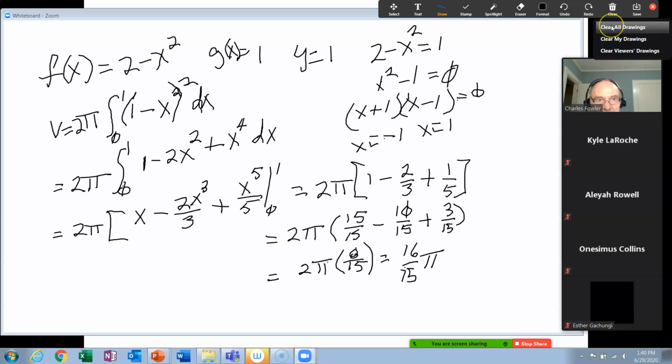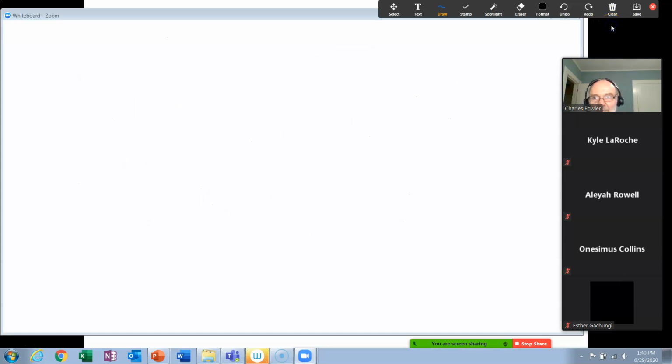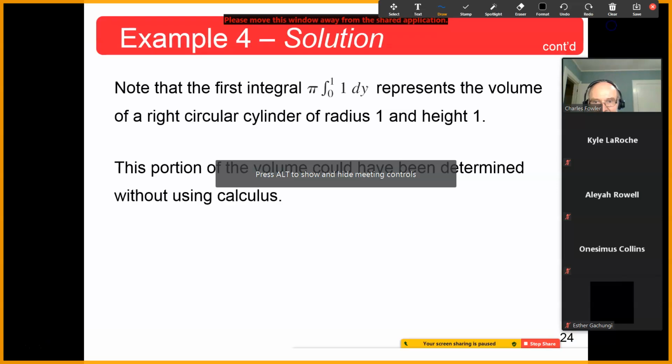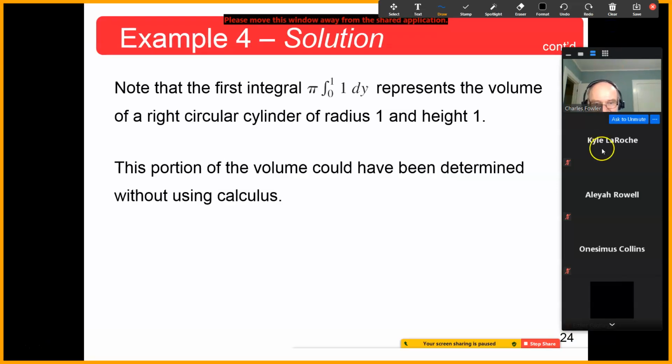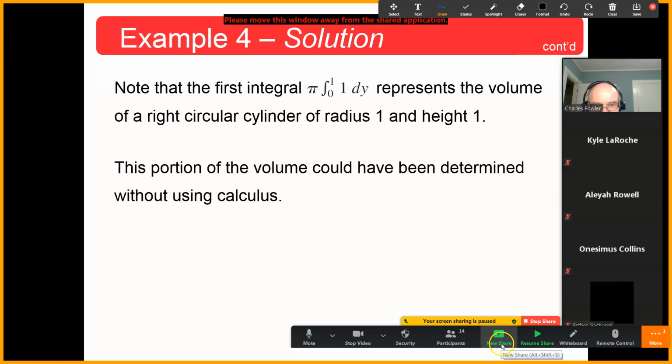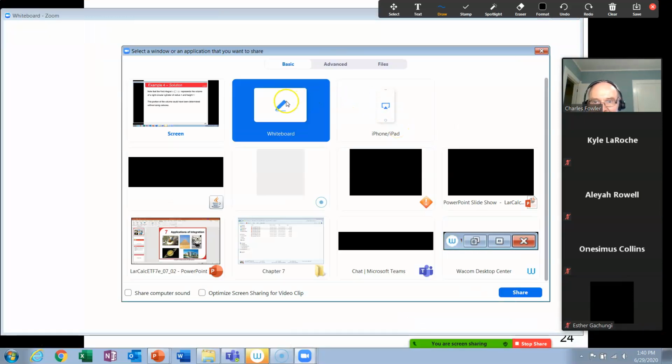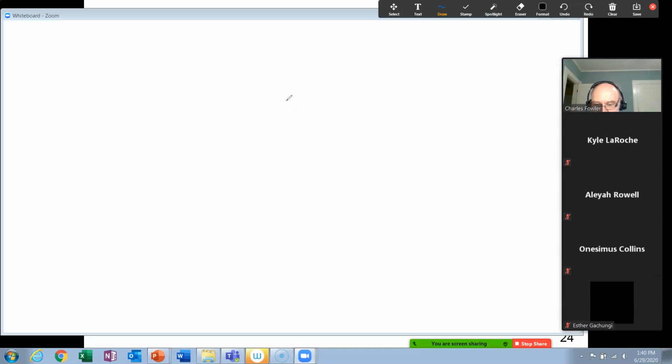So let me clear that out of the way. Okay, now, using the Wacom, this is so aggravating. I think the Wacom must be hitting keys here. Let me see if I can lay it down gently here.